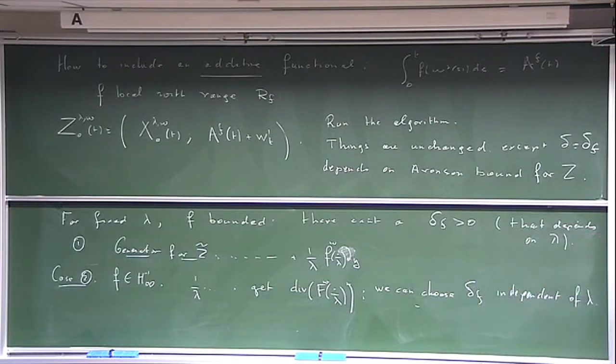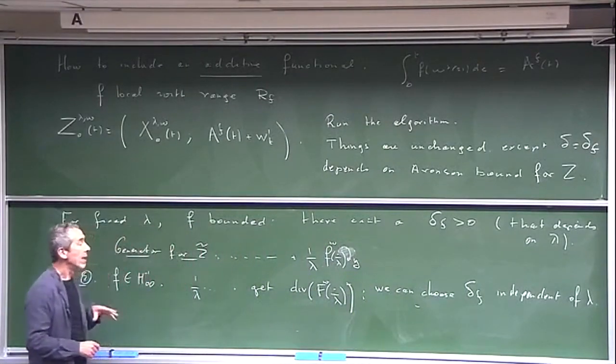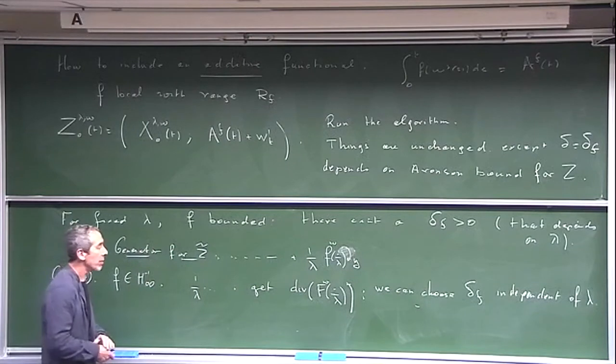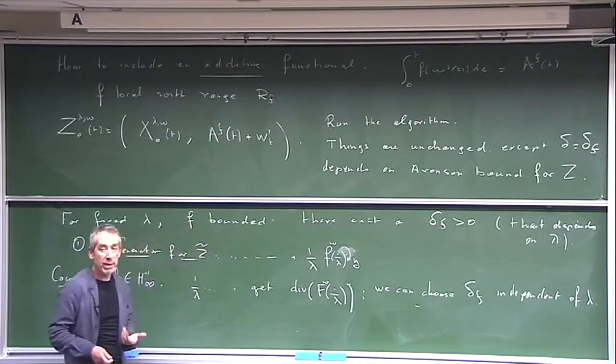Okay? So in the second case, we are in a case which is similar to the situation we had without the additive function, where delta does not depend on lambda, but in the first case, it's not true. And if you want to explain how delta depends on lambda, then delta also depends on F.